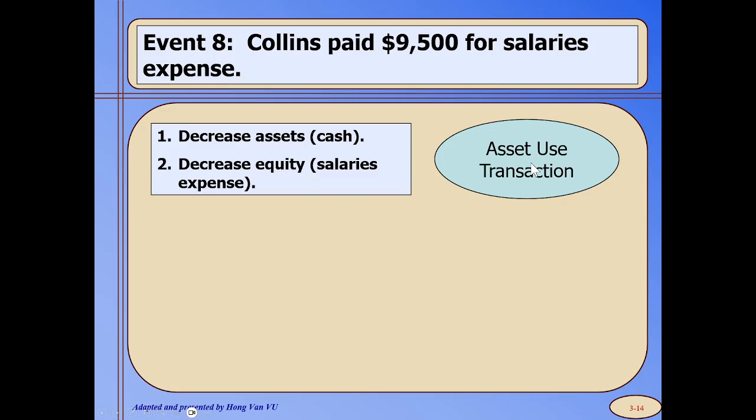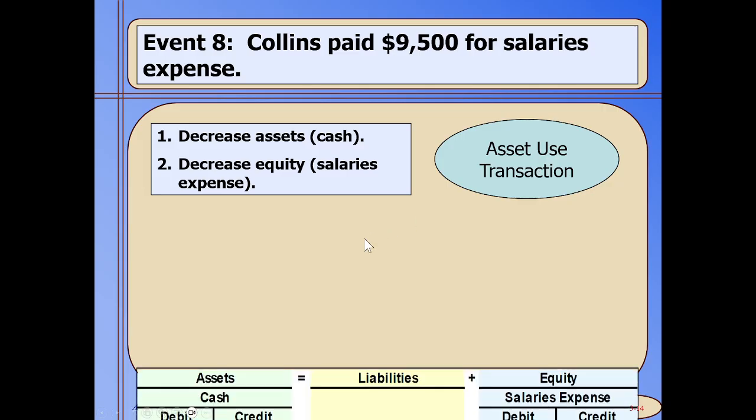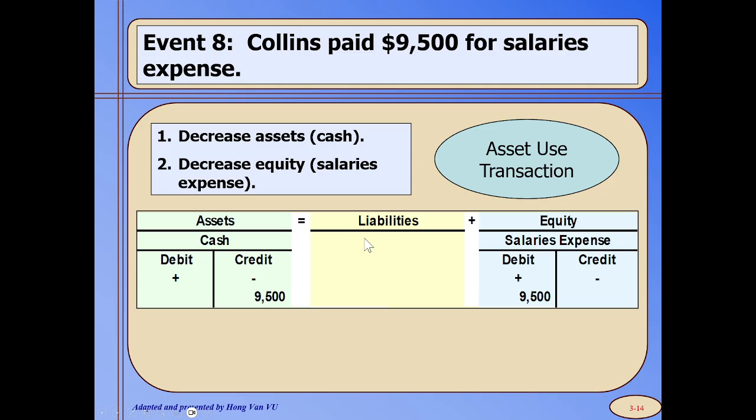It is classified as an asset use transaction. And here you can see the record of the impact of this transaction on the T account. First, the asset: cash decreases 9,500, so we record a credit on the assets account.